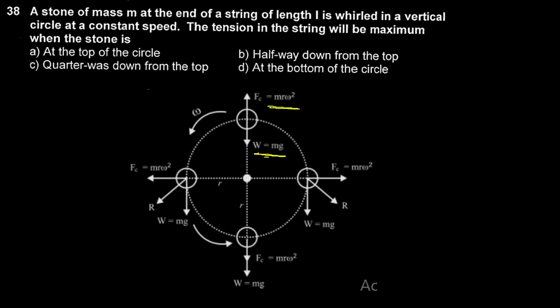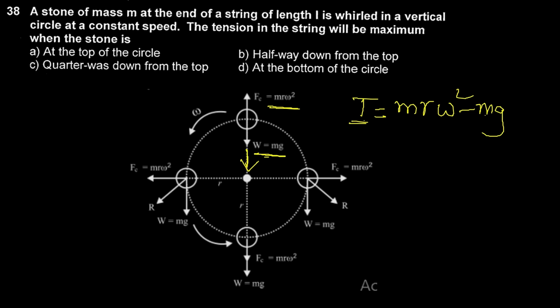Now tension in the string is always towards the center, so T is equal to m r omega square minus mg. Because mg and tension both act in the same direction, so T plus mg is equal to m r omega square, which in turn gives m r omega square minus mg.